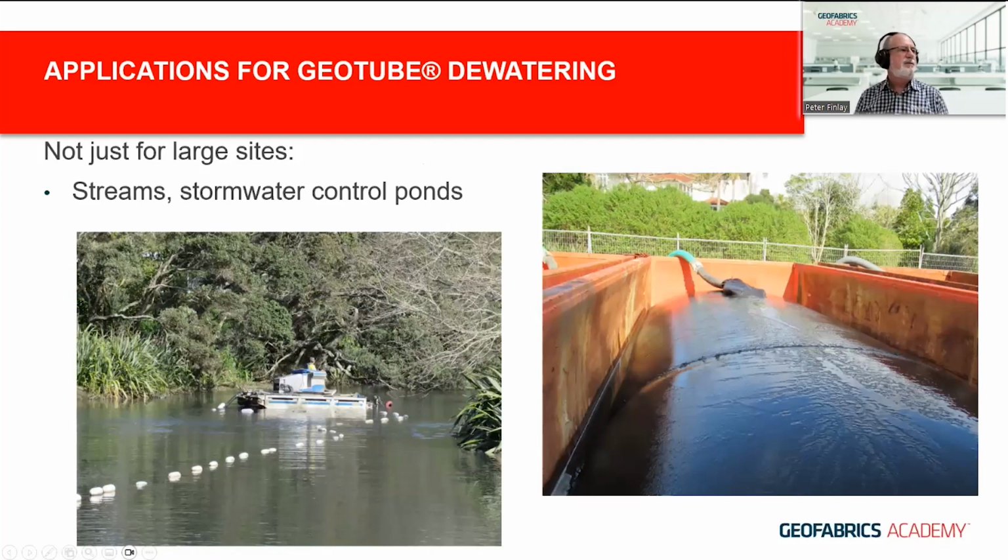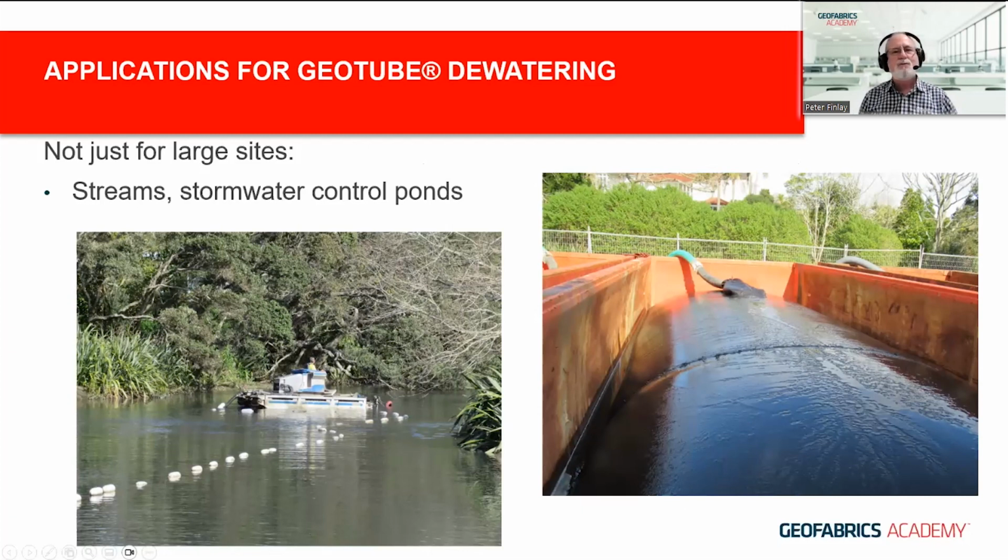So just a few, a little brief look at some of the applications. So as I said, we can get very big geotube up to 36 meters circumference and 60 plus meters long, down to small ones that are 5 or 6 meters circumference by 5 or 6 meters long.